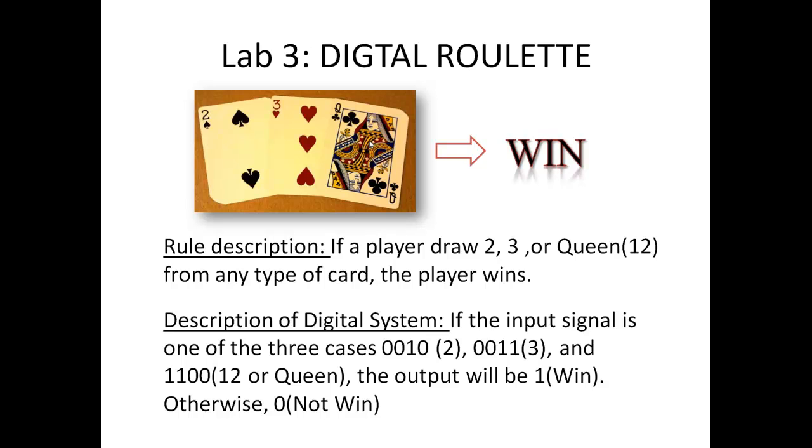So the input is going to be 2, 3, 4, 5, 6, 7, 8, 9, and for 10 it's J, for 11 it's king, and for 12 it's queen. That's how it's set up here. And if it's 12, which is queen, or 3 or 2, the output will be equal to 1. That means the player wins, otherwise it's not a win.